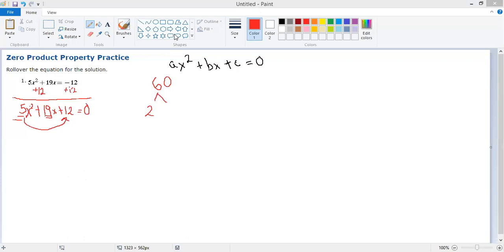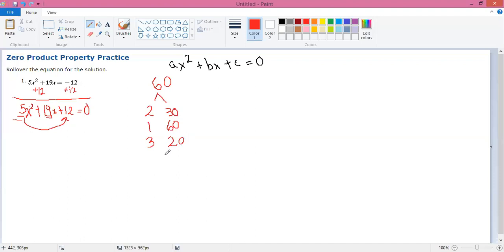You want the pairs, so you want 2 times what? Right, and then 1 times what? Right, you want to put the pairs next to each other because it has to be 2 pairs that multiply to give you 60. 3 times what will give you 60? That's okay, yeah. Does 4 go into 60? Try it out.